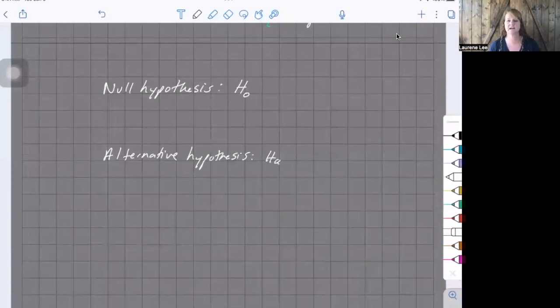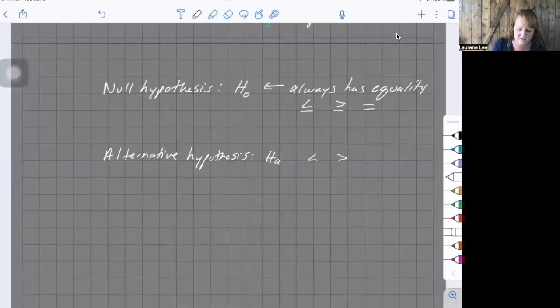And the way you're going to decide which one's which is that H naught is always going to have the equality. So this will always be the statement that is either less than or equal to, greater than or equal to, or equal to. Those three are always going to be the null hypothesis. The alternatives will not have those. So they'll be strictly less than, strictly greater than, or not equal to.